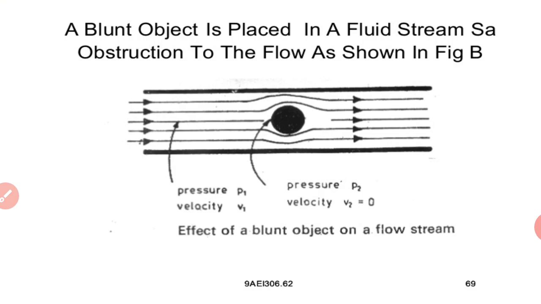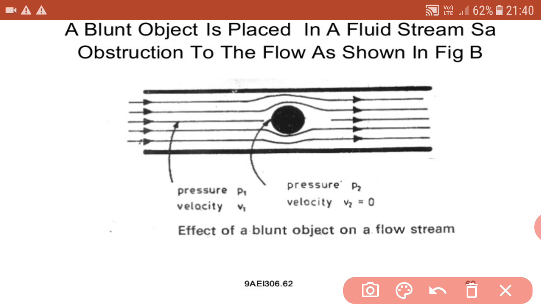Now a blunt object is placed in a fluid stream. So obstruction to the flow as shown in the figure. Here we can see this is the object, and due to this object there is a change in pressure and velocity.